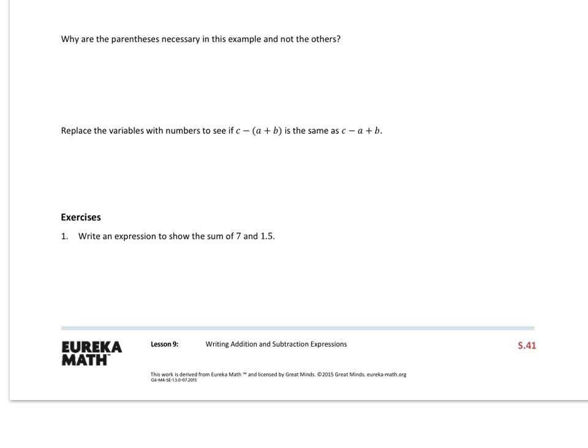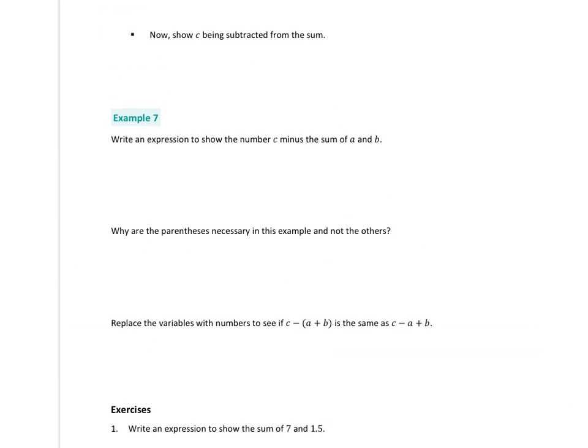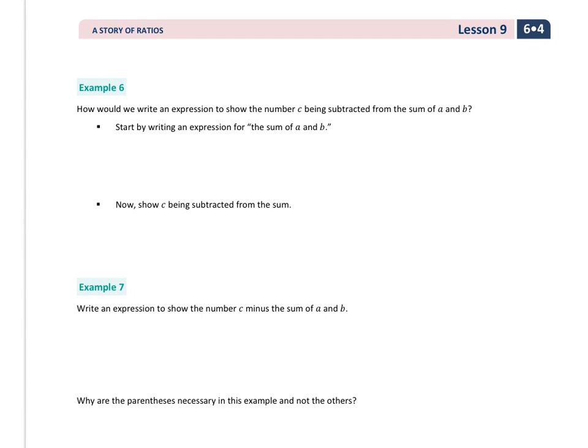and see what works. And then the last one's: how could we write an expression to show a number C being subtracted from the sum of A and B? So a lot of times what can be helpful is to write, we have the sum of A and B over here, and then C being subtracted from that.